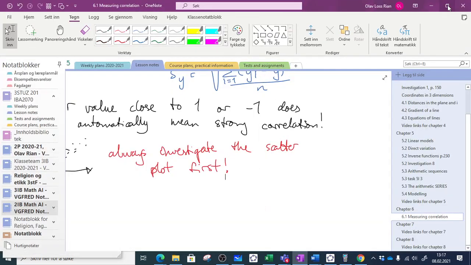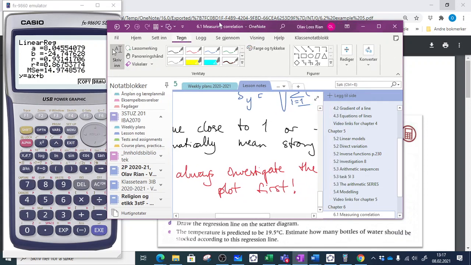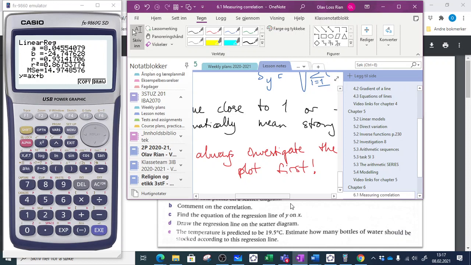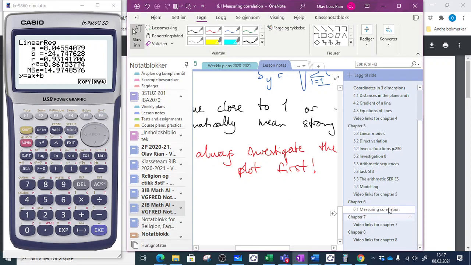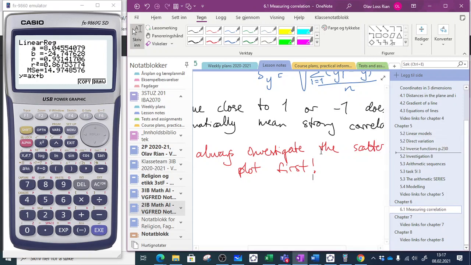Let's try something like this. Okay. So this is example 5, page 280.